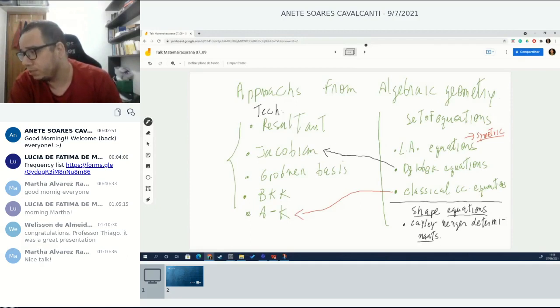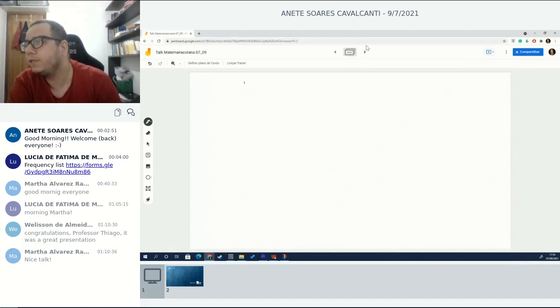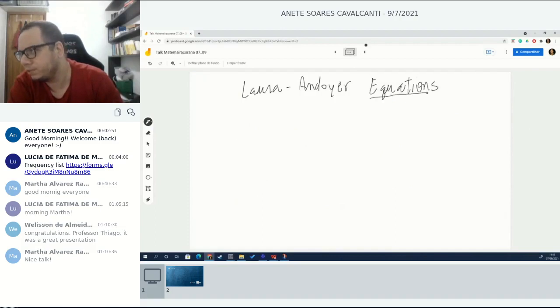Cayley-Menger equations are equations for the shape of the central configurations, because these equations depend only on the mutual distances. Then I will discuss a little bit about Laura-Andoyer equations.